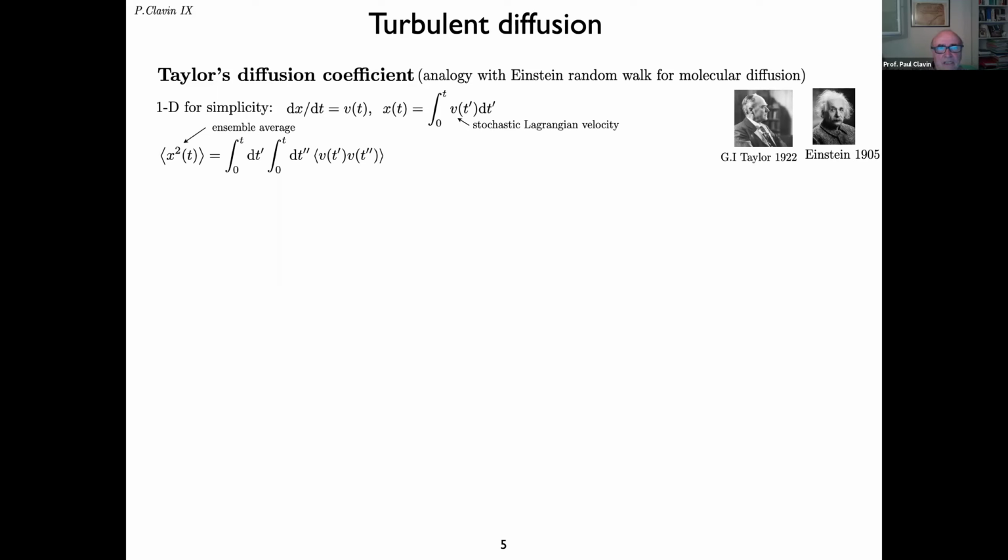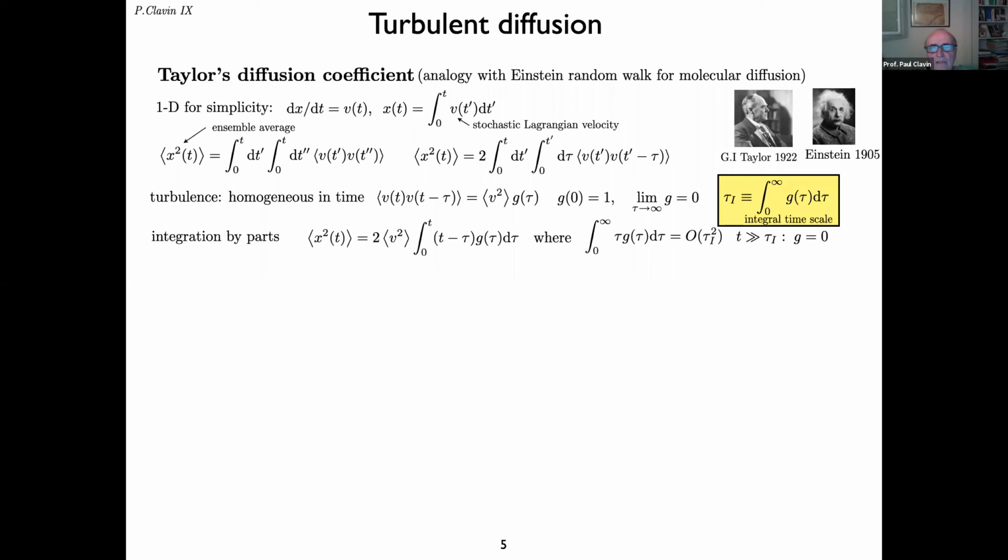Now it's clear that when you average this quantity, you have to take into account this correlation function here, and this equation can be written in that form, assuming that the turbulence is homogeneous in time, which means that the correlation function depends only on the difference of time between the two velocities here.